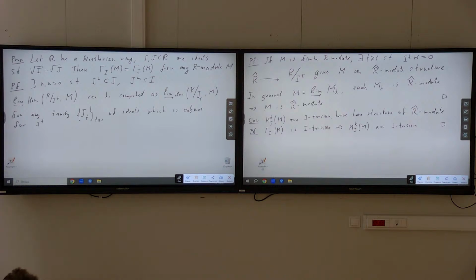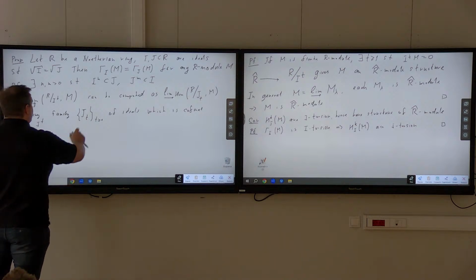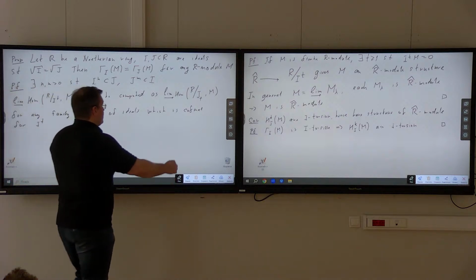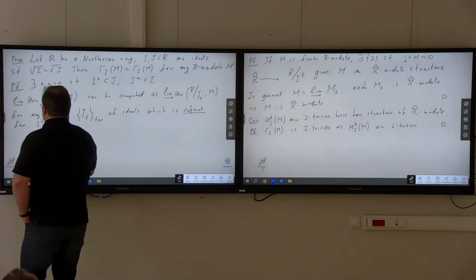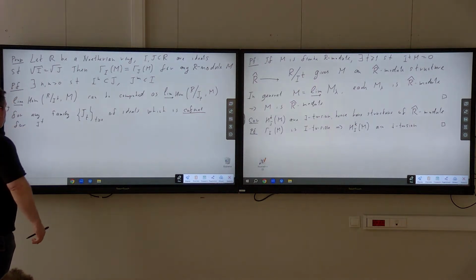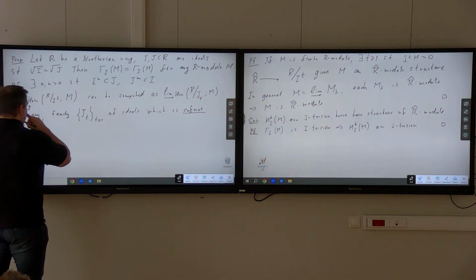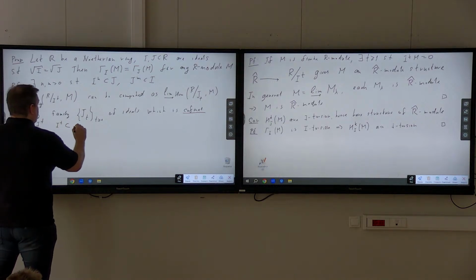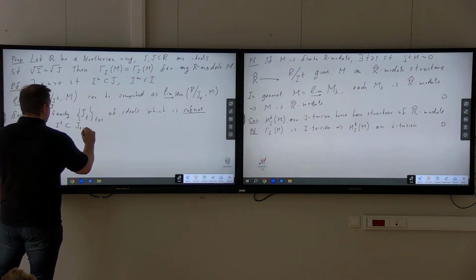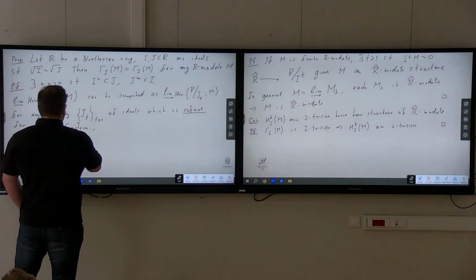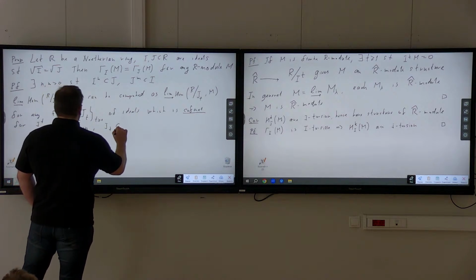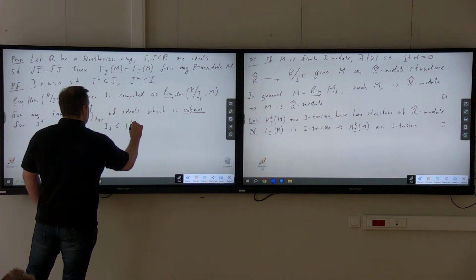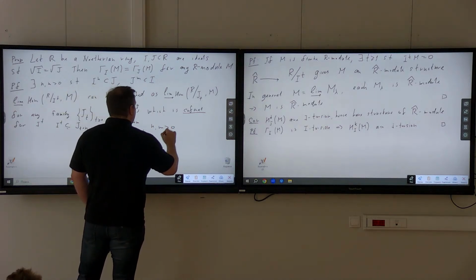But we have the freedom to choose another family of ideals J_t, cofinal being the key word here, which means the following: I to the t can be embedded inside J_t to the m, and the other way around, J_t can be embedded into I to the t to the m. These m are of course positive numbers.